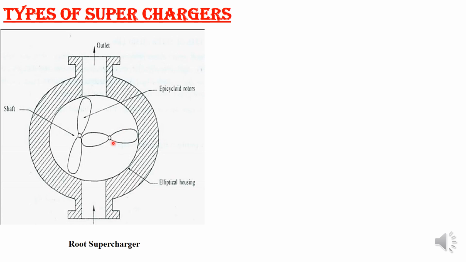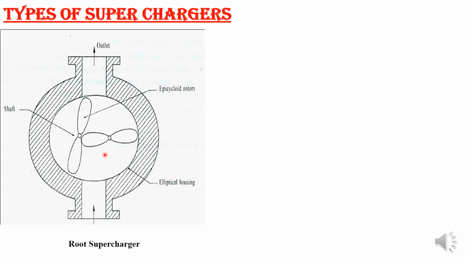This will work at low to moderate RPM, like 4000 RPM, and the blower is bulky and heavy in nature, and volumetric efficiency decreases rapidly with the increase in the pressure ratio. Remember, if the pressure ratio goes beyond 1.8 or 2, then volumetric efficiency rapidly decreases.